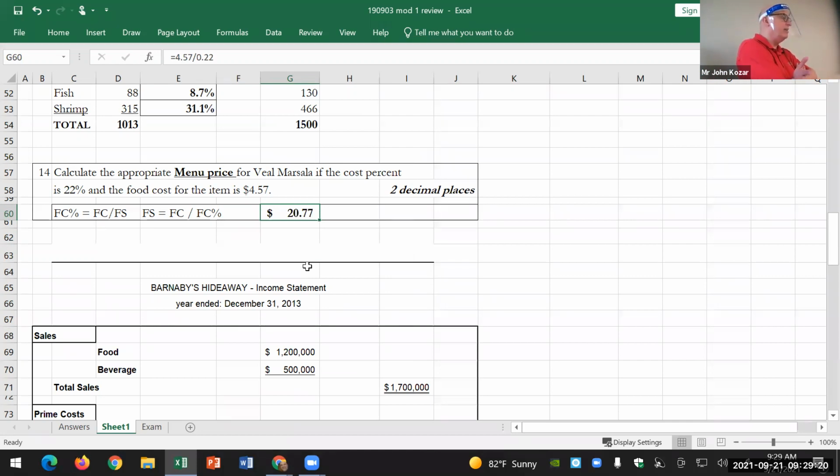So that's one way that you might go about setting a menu price. You determine what food cost percent you want to get from this menu item. And you know what your food costs are because you can buy the ingredients to make it, and you can go ahead and do those calculations.